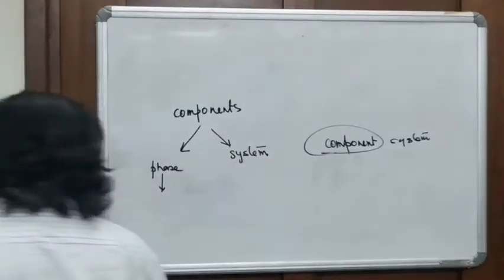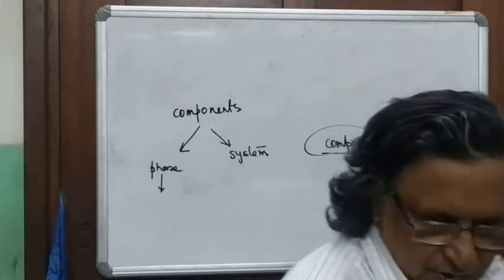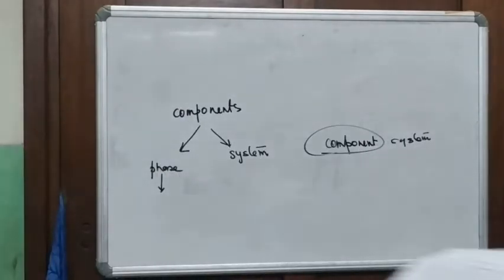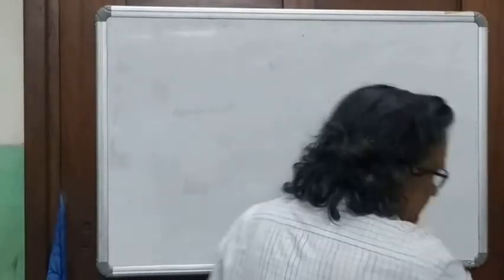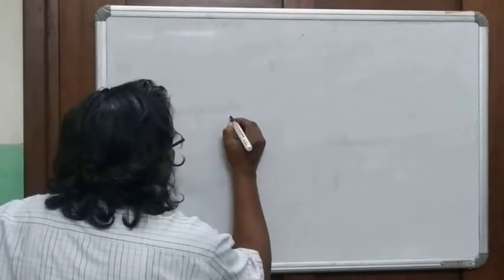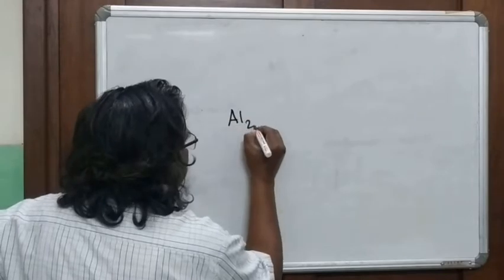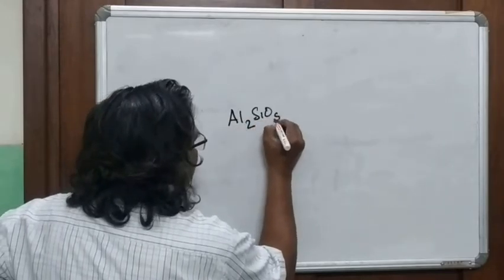Now let me explain. Say I have a mineral Al2SiO5.